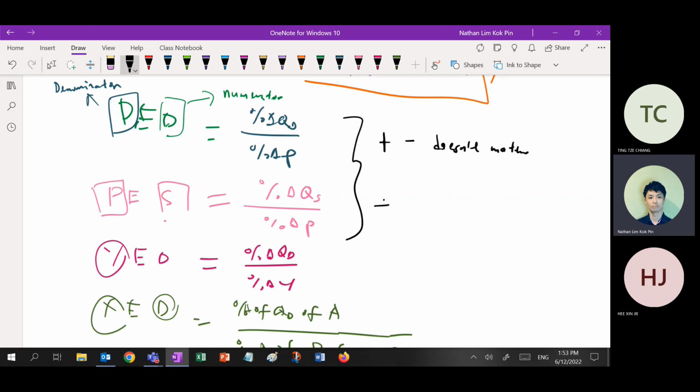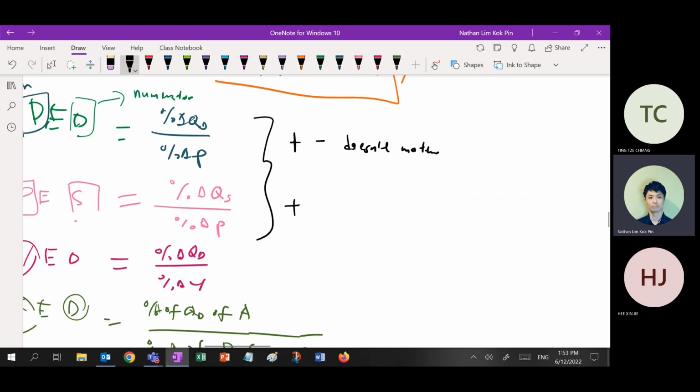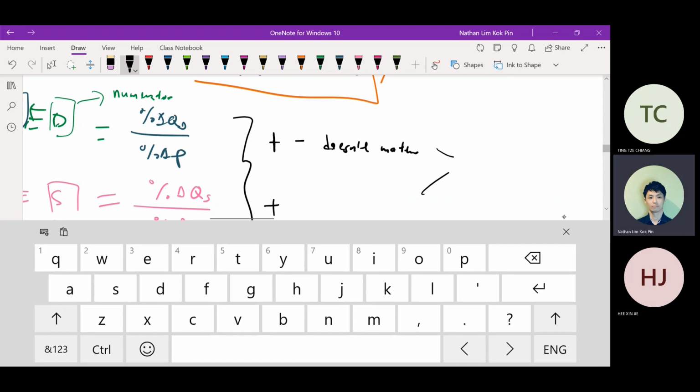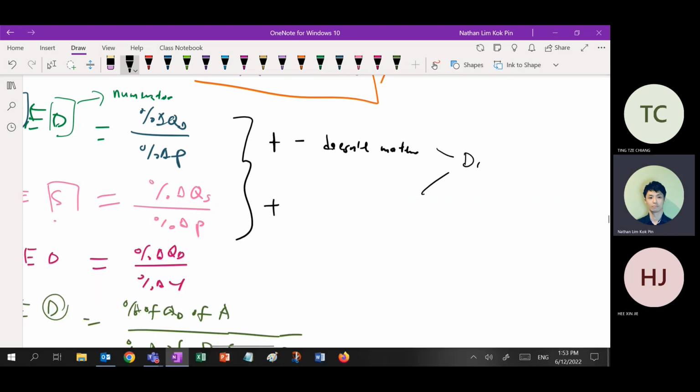PS is always positive, because now we talk about the gradient. Supply is always upward sloping, while PED is always downward sloping, so it's always negative. But we still don't care. We take the absolute value because the sign doesn't represent anything.